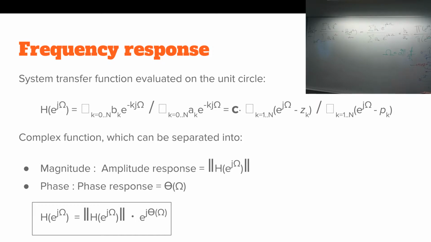Complex conjugate pairs. If you don't have, then you start having complex numbers here. So these system parameters must be kept real. Good.